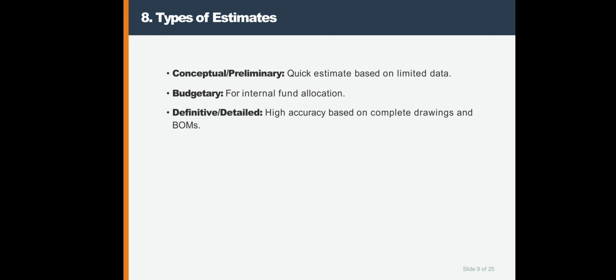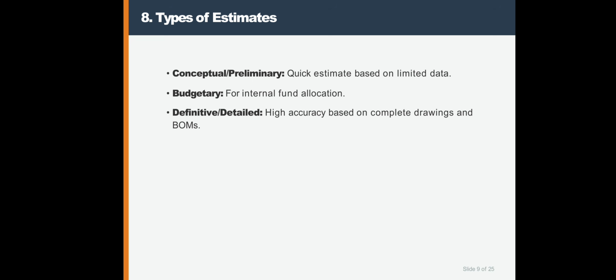The types of estimates include three types: conceptual or preliminary, budgetary, and definitive or detailed. The conceptual or preliminary method is a quick estimate based on limited data. Budgetary means for internal fund allocation. The next one is definitive.